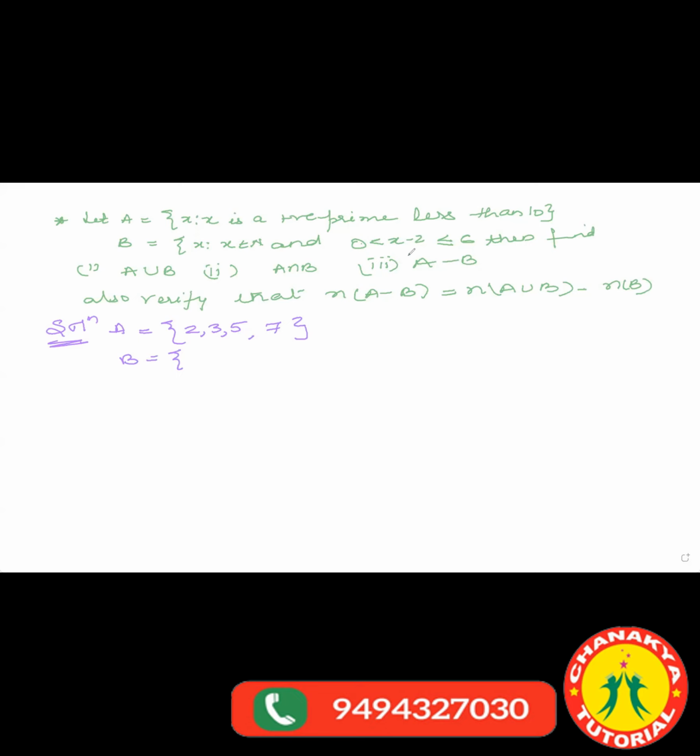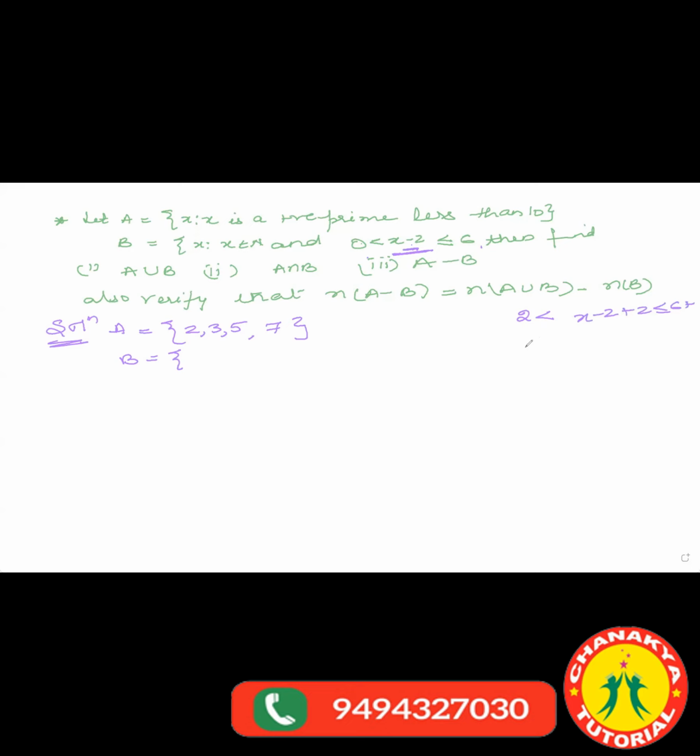See beta, here you have been given x minus 2 less than or equal to 6. In the previous class, I told you that here we have x minus 2, so you will make it x only. So you will add 2 on both sides: 0 plus 2 less than x minus 2 plus 2 less than or equal to 6 plus 2.